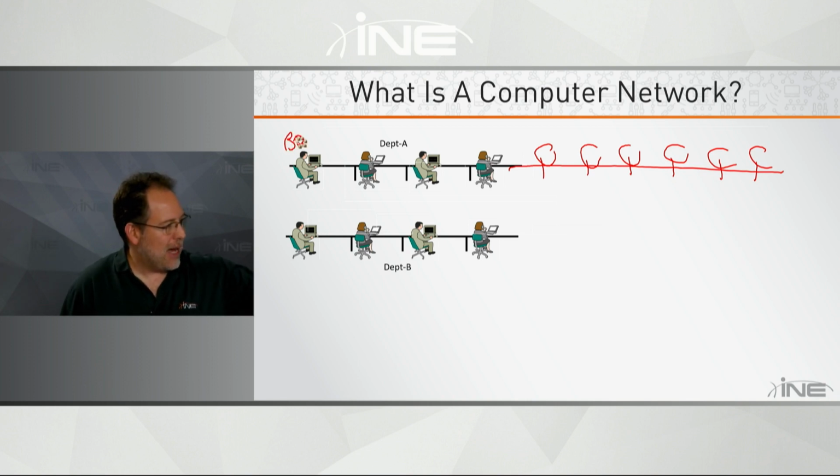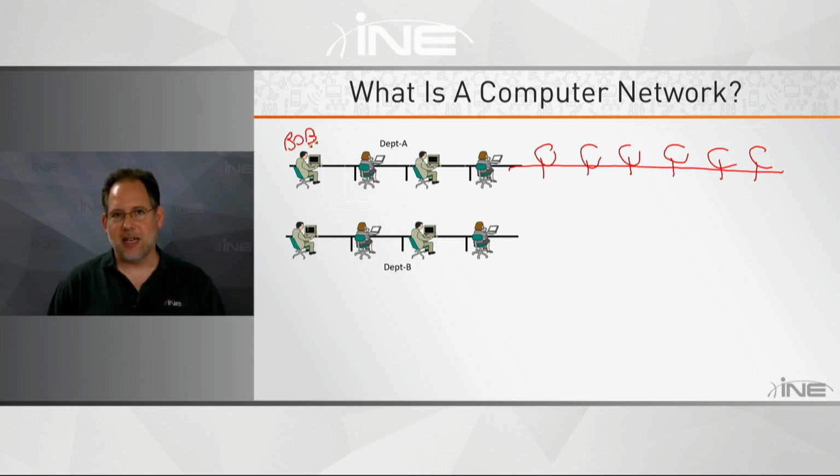Because now Bob over here, when he wants to transmit information on this cable, remember his rules say you can't talk on the cable unless it's quiet, unless nobody else is talking. Well, as we add more and more devices to this cable, the likelihood that the cable is free, that it's idle, that it's quiet, becomes less and less.